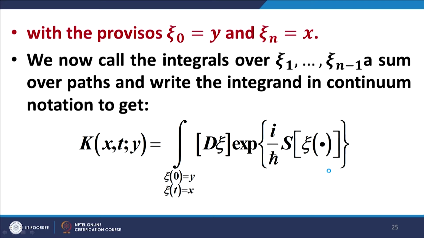The integration volume represents integration over all paths that have these defining characteristics: xi of 0 is equal to y and xi of t is equal to x. All the paths. So this integration has to be carried out over all the paths, and all this integration is compactly written as D of xi within the square bracket.